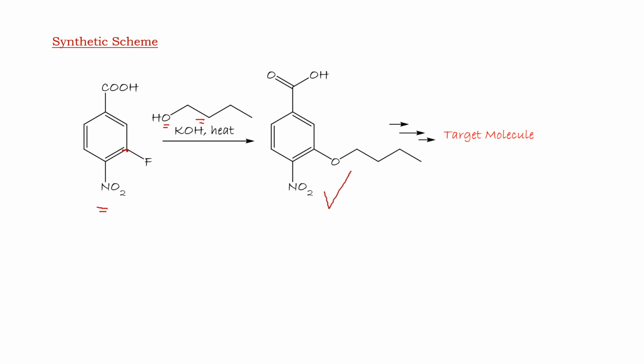Again, we do the same step as I mentioned in the synthetic scheme. We form the ester on this carbon via acid chloride, and then we reduce the NO2 in the last step.